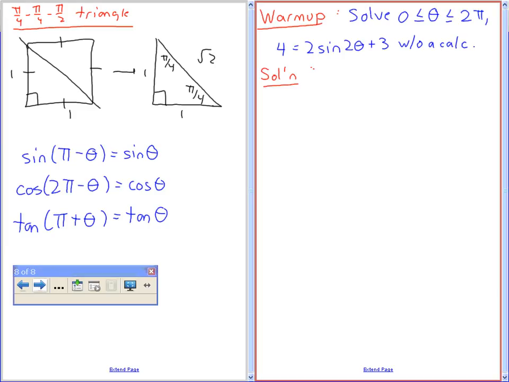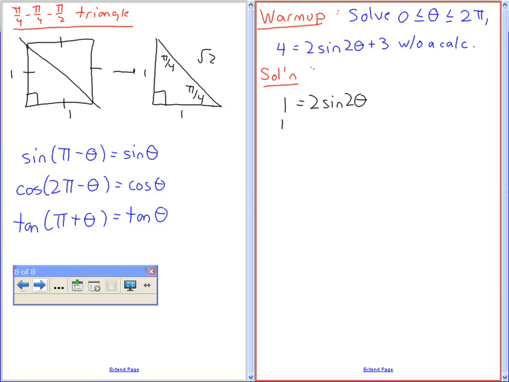Okay, how do I solve this? What's the first thing I need to do? Yeah, good. You certainly could. So this is going to be 1 equals 2 sine 2 theta. Next step is what? Keep going.